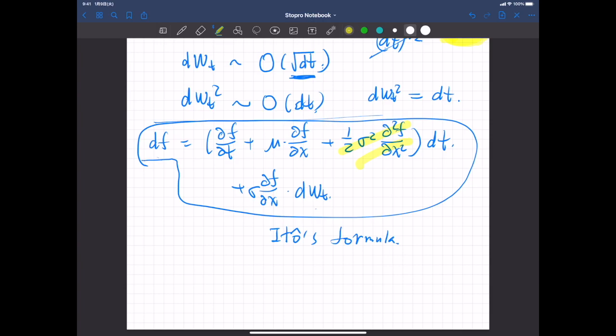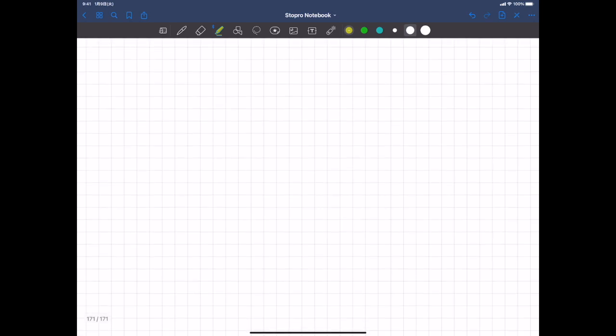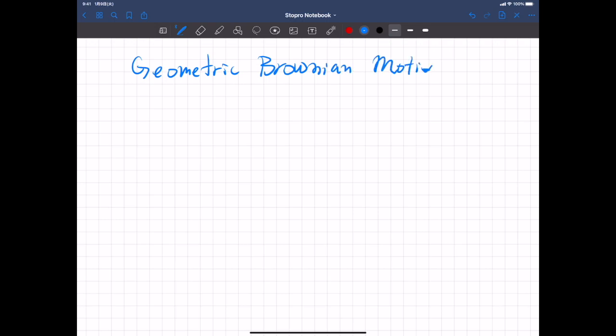As an application of Ito's formula, let us consider the so-called geometric Brownian motion. It is defined by this stochastic differential equation. Gt is the geometric Brownian motion, and dGt is mu Gt dt plus sigma Gt dWt, where mu is a constant.